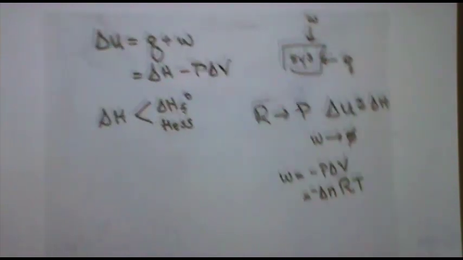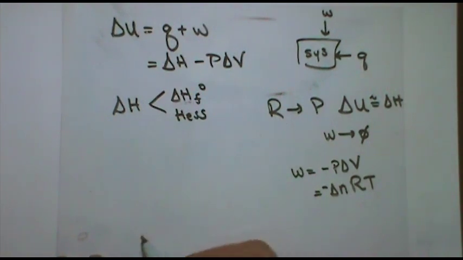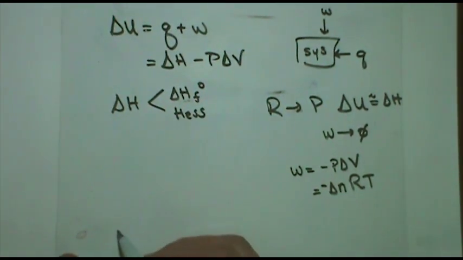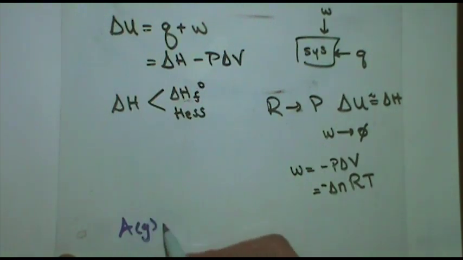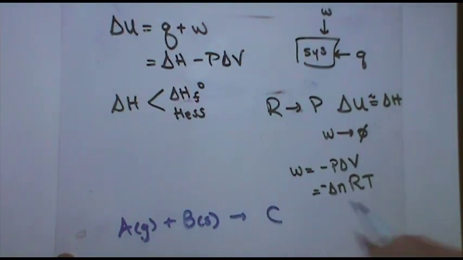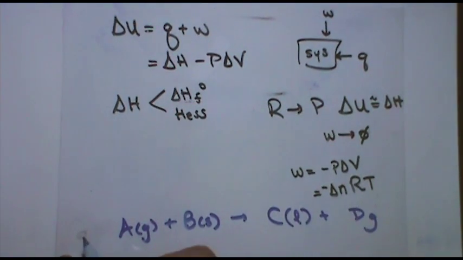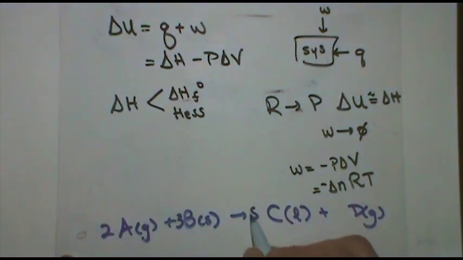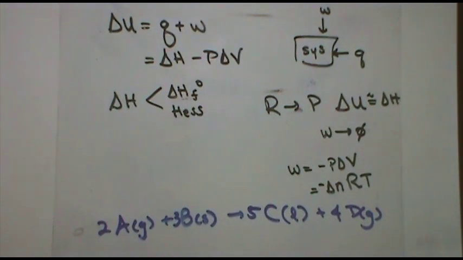Like that. So let's say an example reaction. I'll just make something up. 2 A gas plus 3 B solid goes to 5 C liquid plus 4 D gas. Let me balance this: 2, 3, 5, 4. Let's say it balances like that.